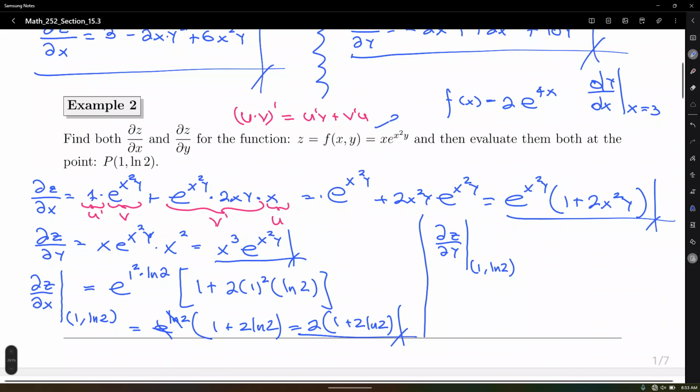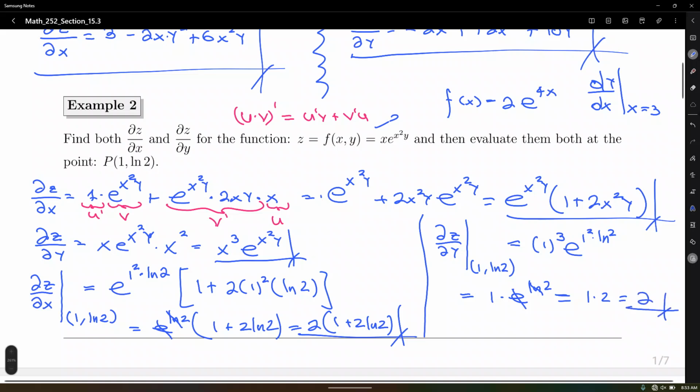All right? Should be very straightforward. That is 1 cubed e to the 1 squared times ln of 2. That means 1 times e to the ln of 2, because 1 squared is also 1, I don't need to write that 1. And e to the ln of 2, they cancel out. And that's going to leave us with 1 times 2, which equals 2.